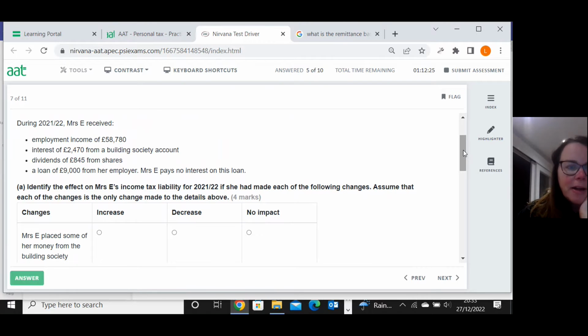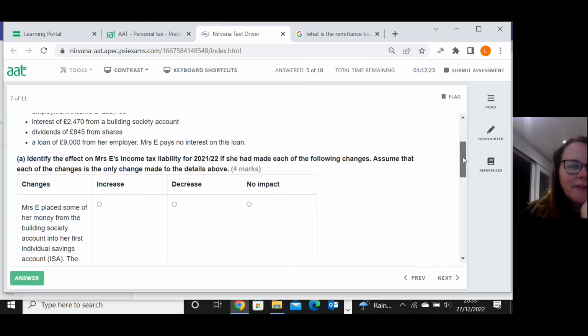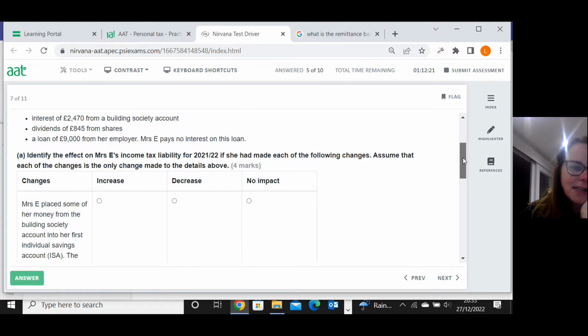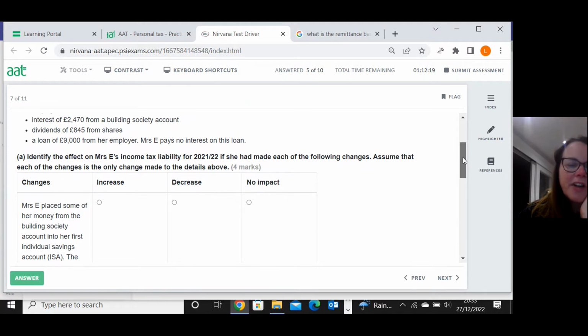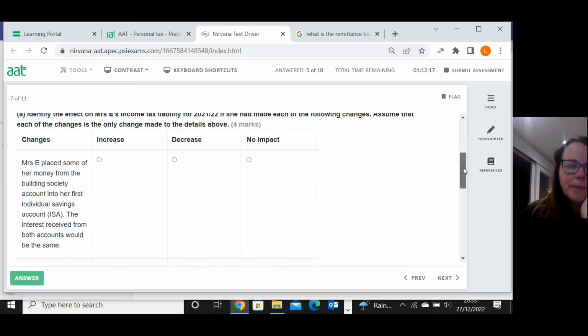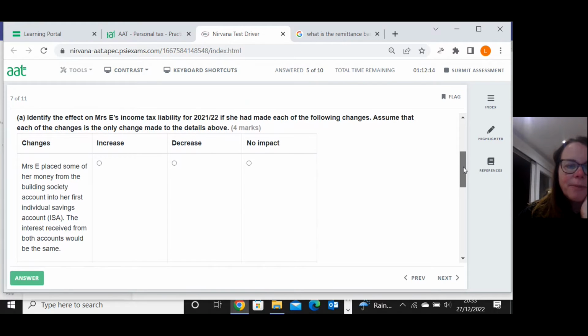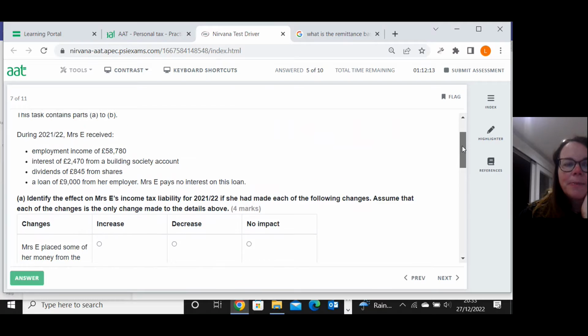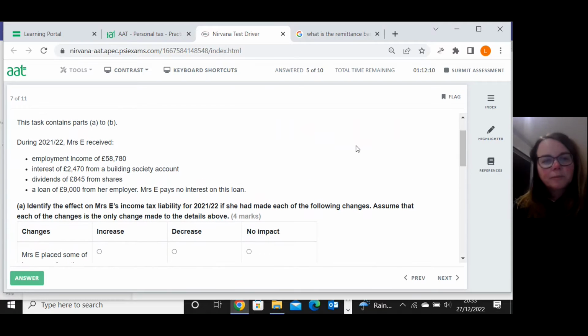Right. So Mrs. E placed some of her money from the building society into her first ISA. The interest received on both accounts would be the same. Right, so she's clearly a higher rate taxpayer, so she would have had £500 of savings allowance.